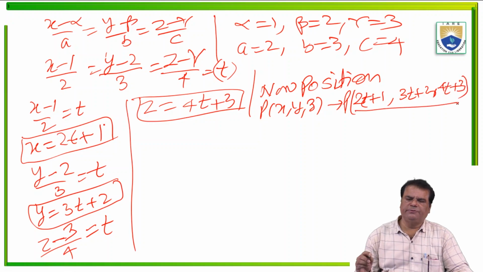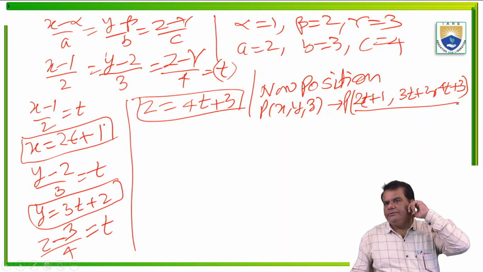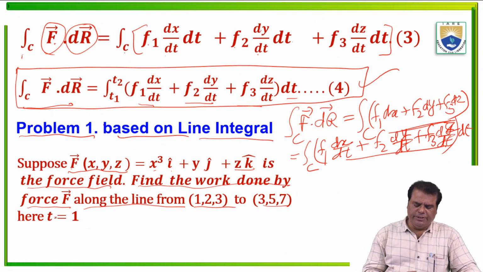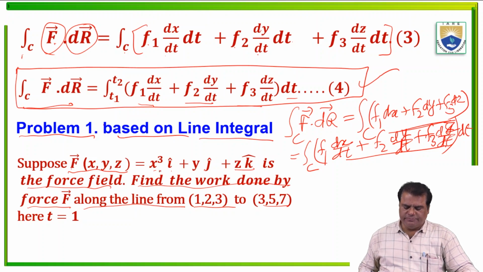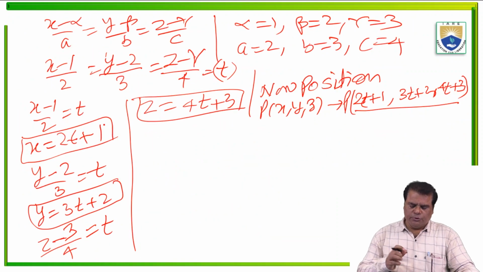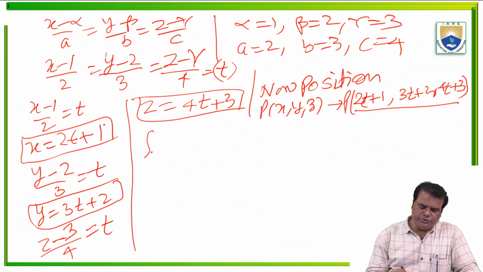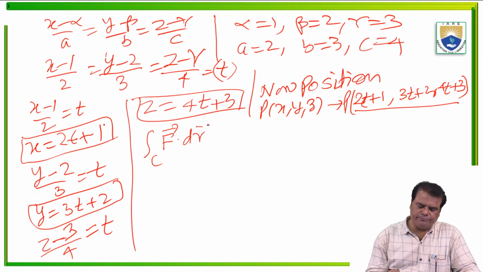This is the basic position. Okay. Now here this is t, this is x cube, y cube and z cube. So here we take the dot product. Now the integral over C of F dot dr is the formula.